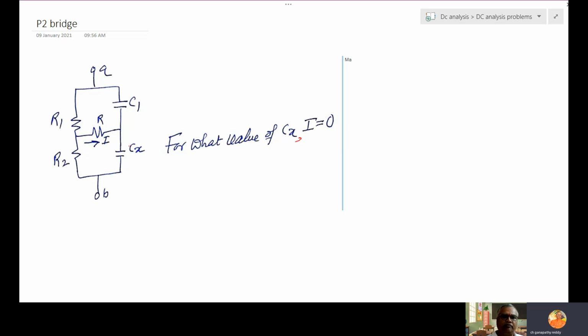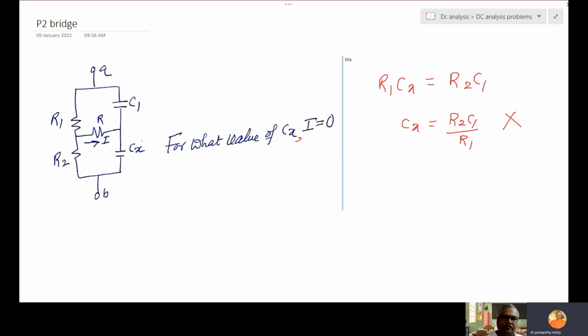So the common mistake many students will do is R1 into Cx equal to R2 into C1, then Cx equal to R2 C1 by R1. This is the common mistake.